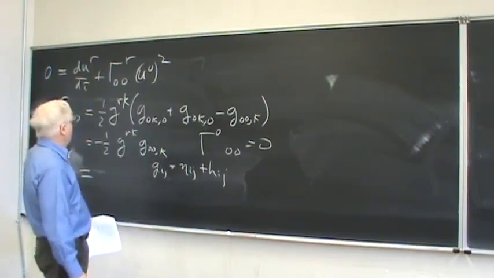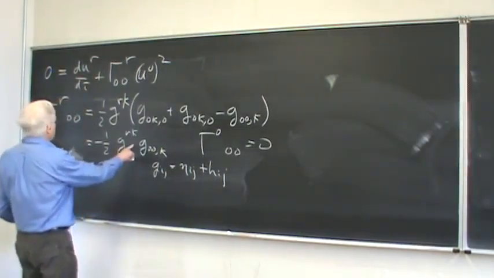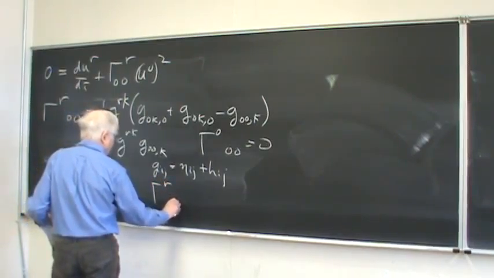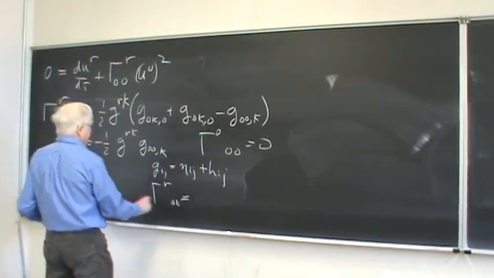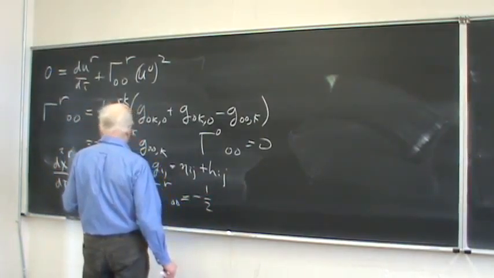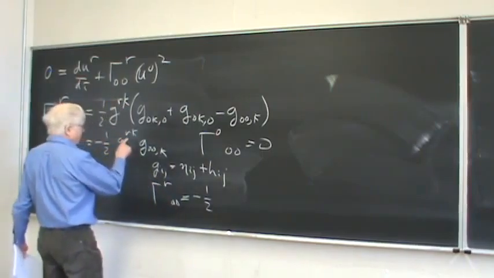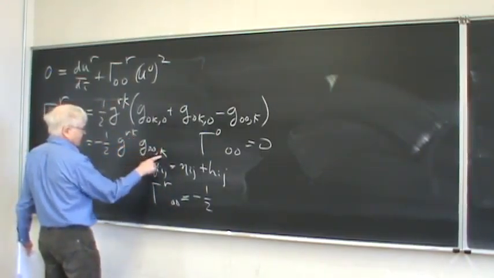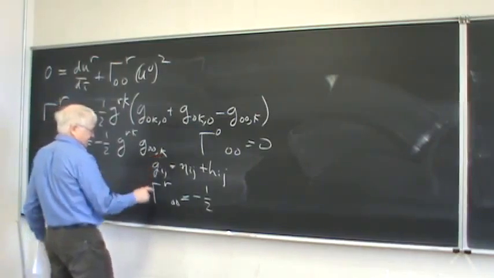And so gamma^r_00 is going to be equal to minus a half, this is just going to be the r derivative, effectively.